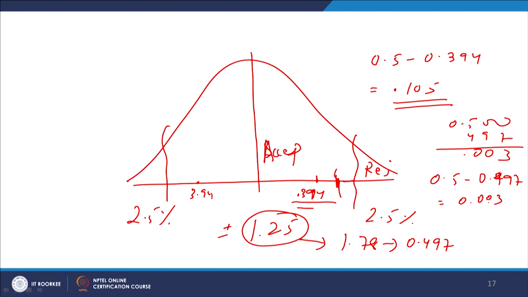Now 0.003 is falling beyond the limit of significance which you as a researcher had declared, 5%, or in this case, let us say, 2.5%. So it is coming to the extreme end of the normal distribution. Then you say that I am rejecting my null hypothesis because it is falling into the rejection zone. This clarity is very, very important for any researcher.